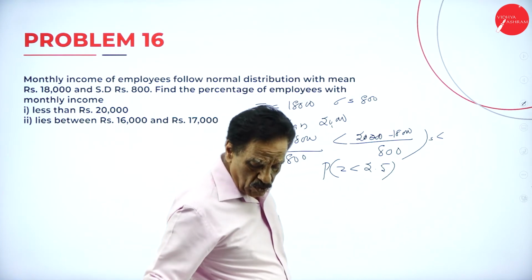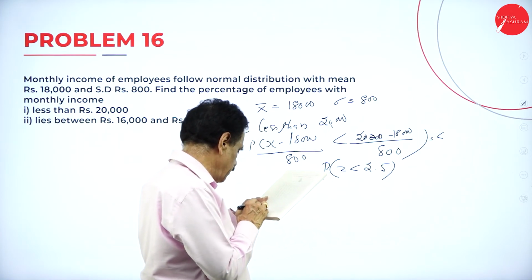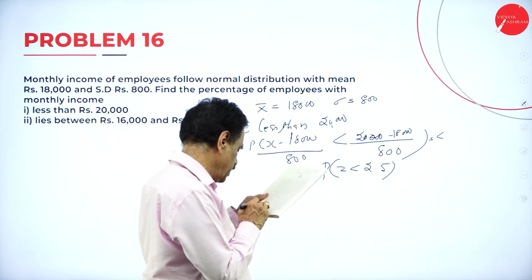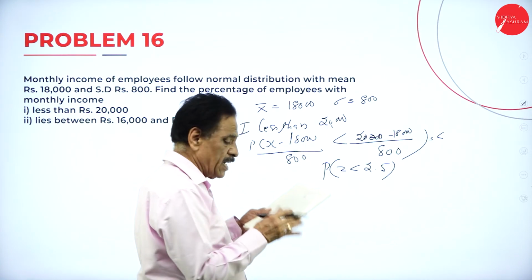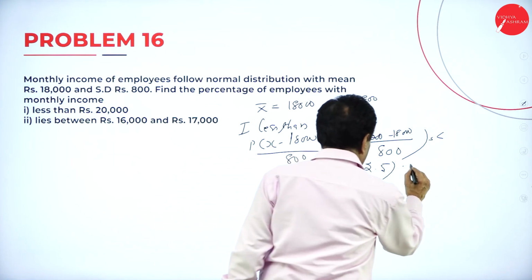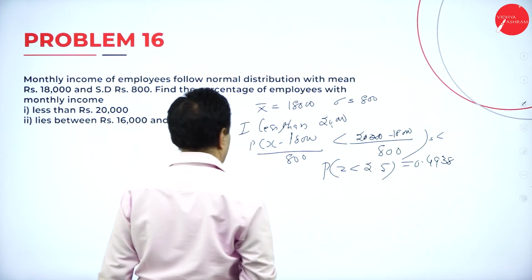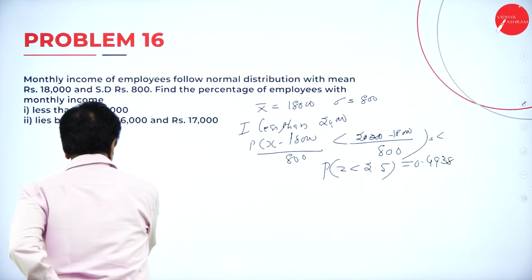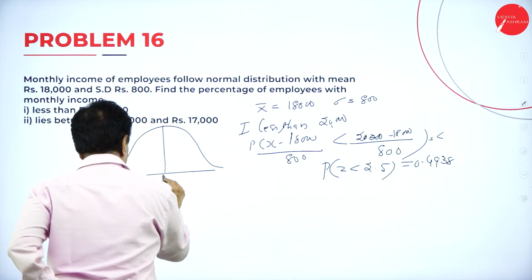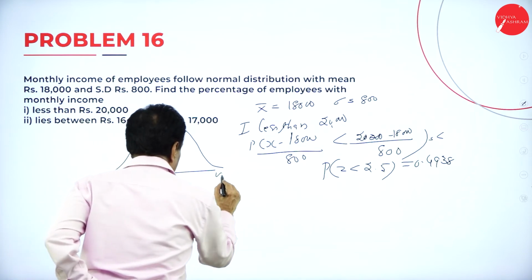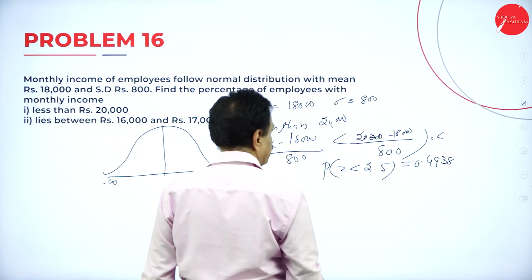Find the value for 2.5. It is 0.4938. Put it in a graph. What's your value? 2.5.